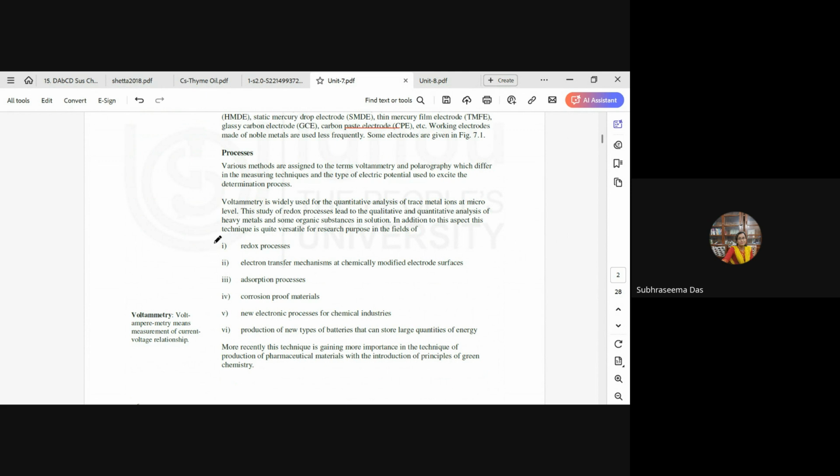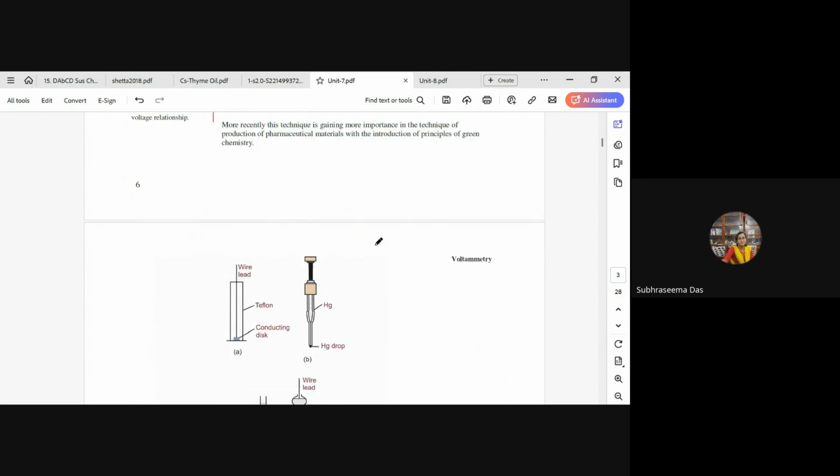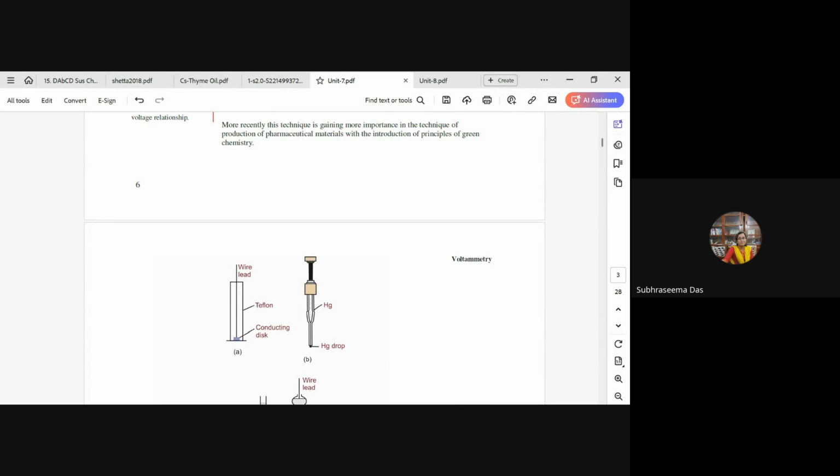These are some of the potential areas of application of voltammetry. More recently, voltammetry has also been used in the production of novel pharmaceutical materials, and with the use of green chemistry. So this is how voltammetry is used.